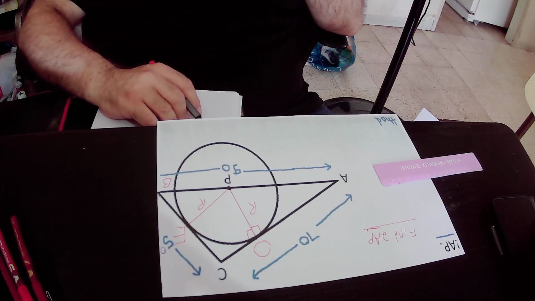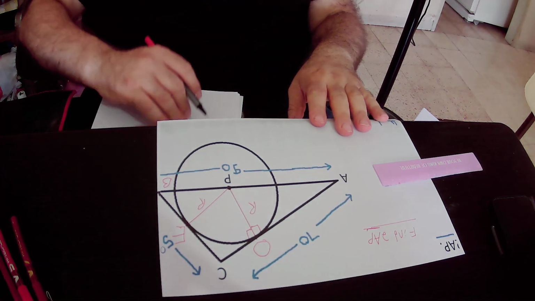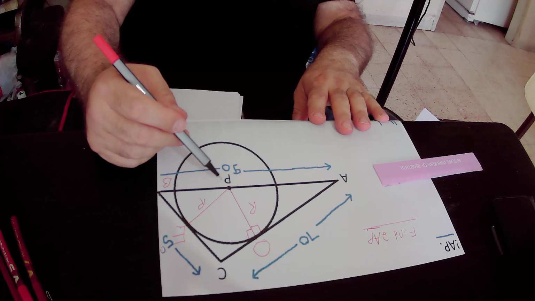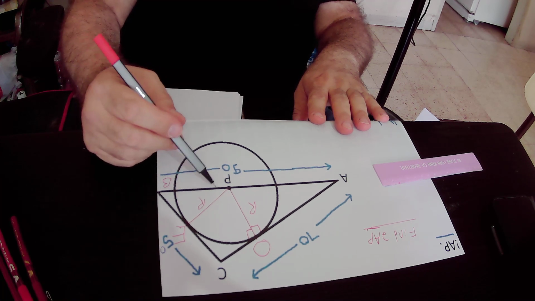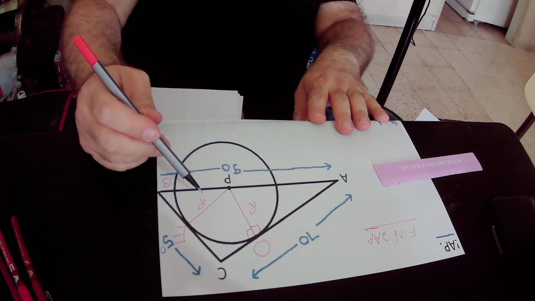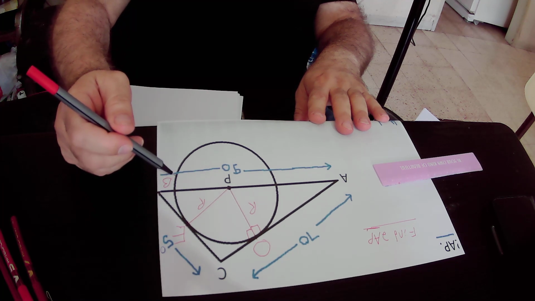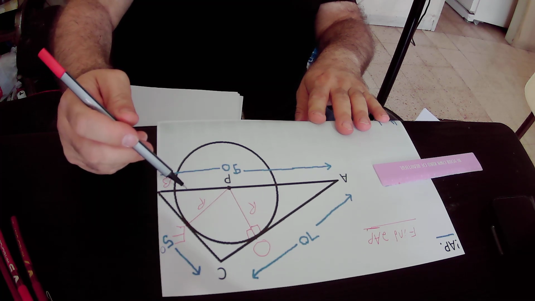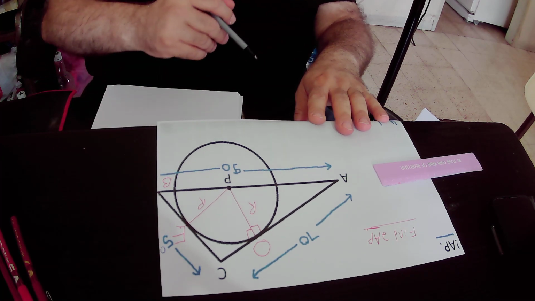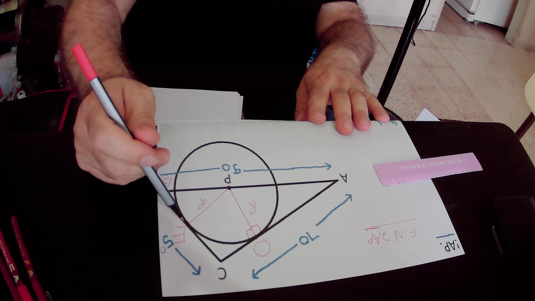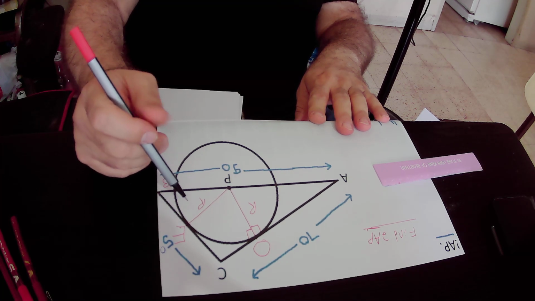Okay, and for the same reason, because we have line PE as the radius of the circle, and CB is tangent to the circle at point E, according to our rule, a radius and the tangent to this radius are perpendicular to each other.